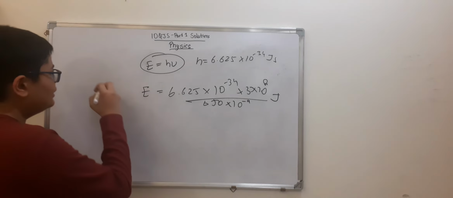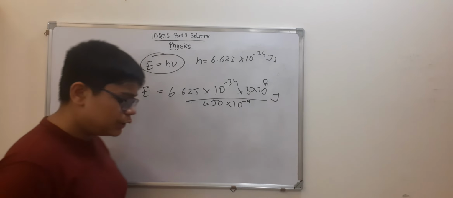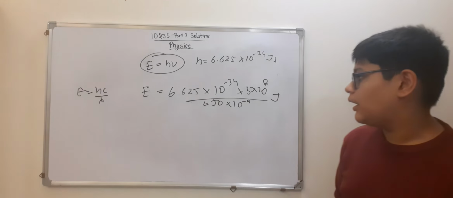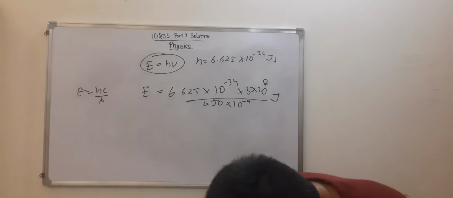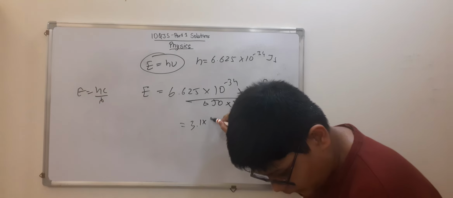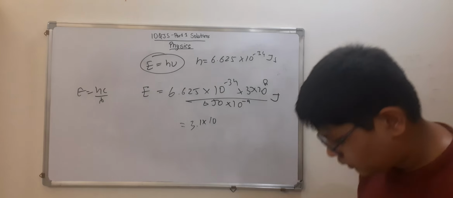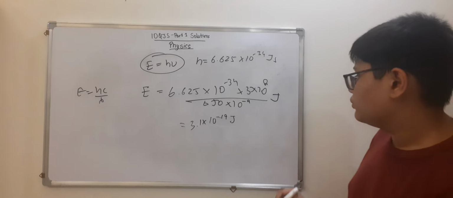What I used here is energy equal to h into c upon lambda, substituting nu equal to c upon lambda. Now if you solve this, you will get your answer as 3.1 into 10 to the power minus 19 joules.